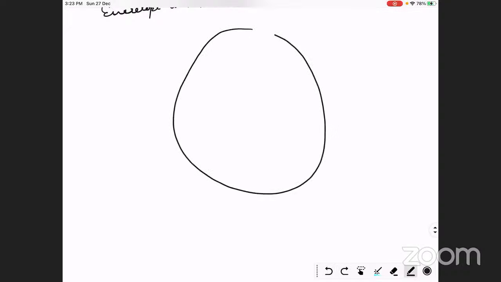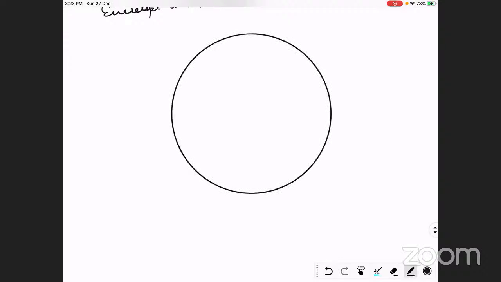Okay, so the cell will look like this. Just assume here we have a cell, and in this cell we have the nucleus. Inside the nucleus we have the chromatin material.